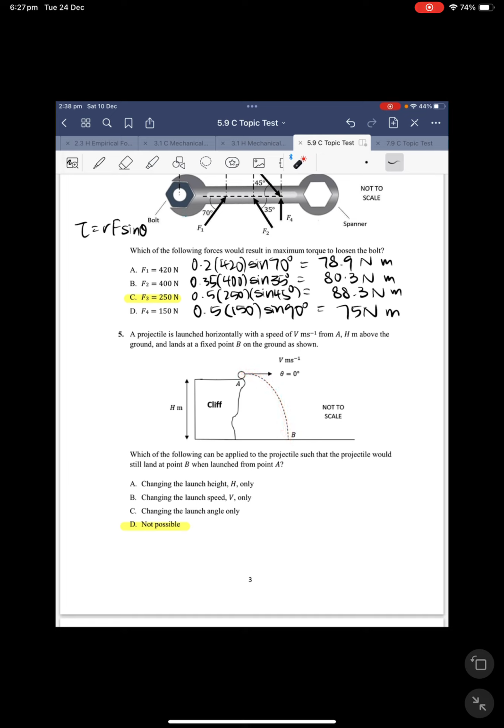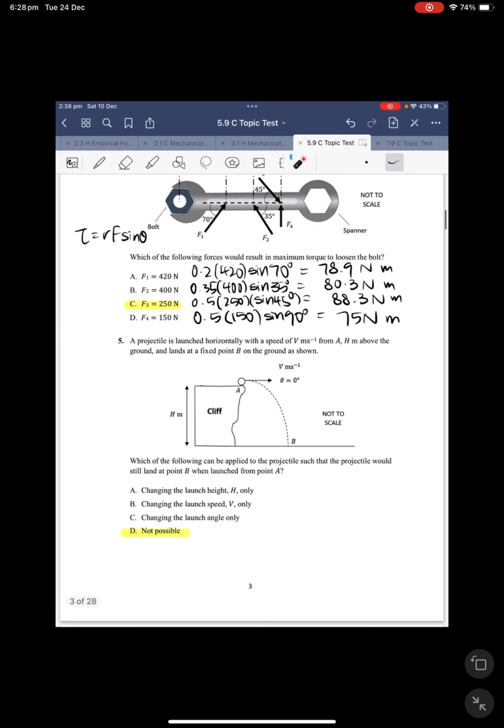For example, we could decrease the launch angle, but also increase the launch velocity. That will help us reach B. Or we could follow a trajectory like this, in which case we would be increasing the launch velocity and also increasing the launch angle. Okay, so it's not possible only changing one of the variables, and so the answer is D.